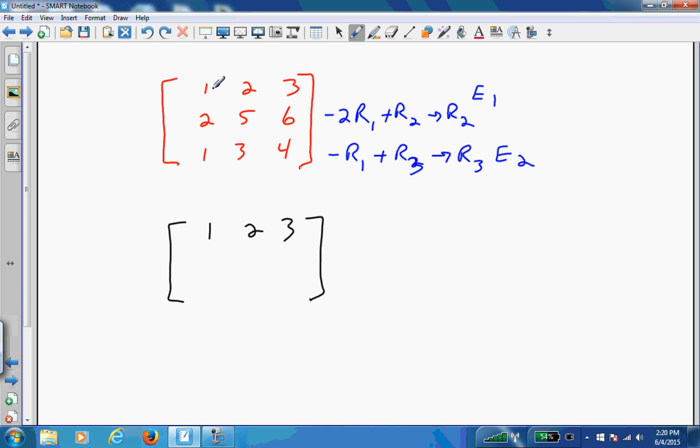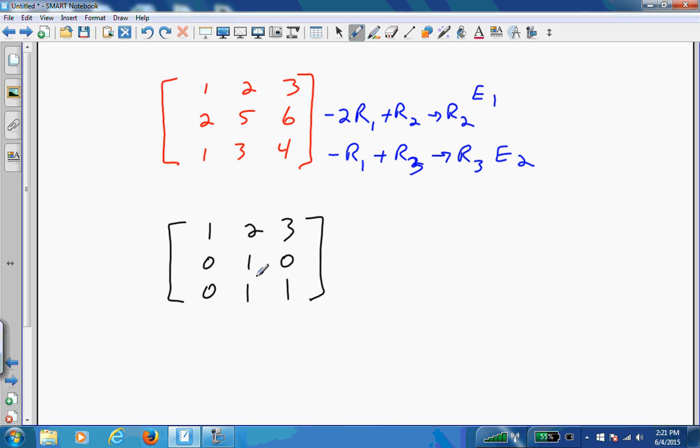So if we do minus 2 plus 2, that's 0. Minus 2 times 2 is minus 4 plus 5 is 1. Minus 6 plus 6 is 0. The opposite of this, that's minus 1 plus 1, minus 2 plus 3, minus 3 plus 4.